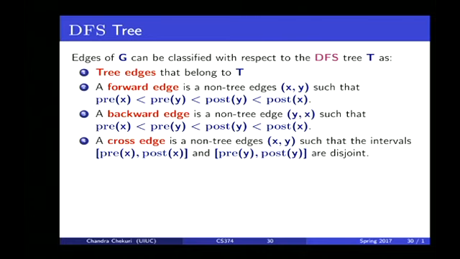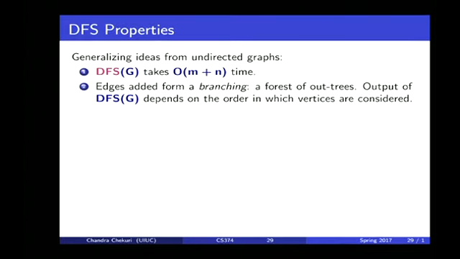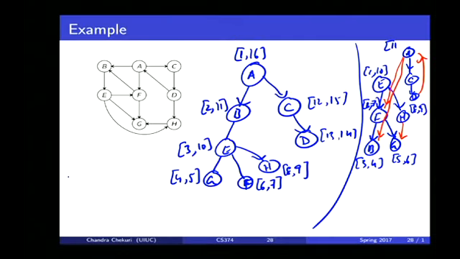In this case, there is no forward edge. Why is there no forward edge here? Because all the blue edges are the tree edges, and a forward edge is a non-tree edge which goes from a node to its descendant. These are not descendants, because this tree is different from this tree, there's no connection.